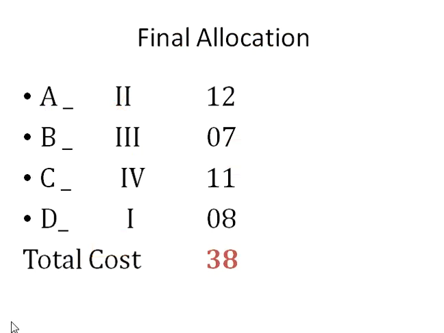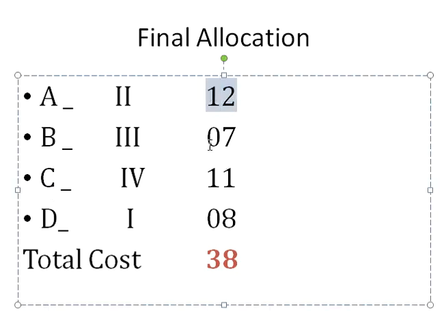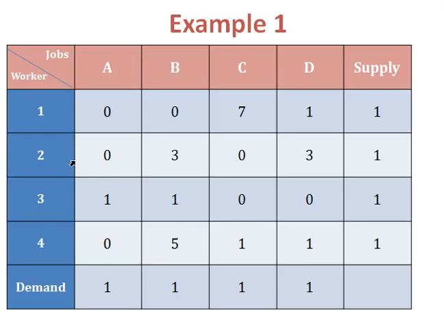So this is our final answer as per the allocation that we have obtained. Okay, so the values that you can observe over here are the original matrix values for the particular cell addresses that we obtained in this allocation.